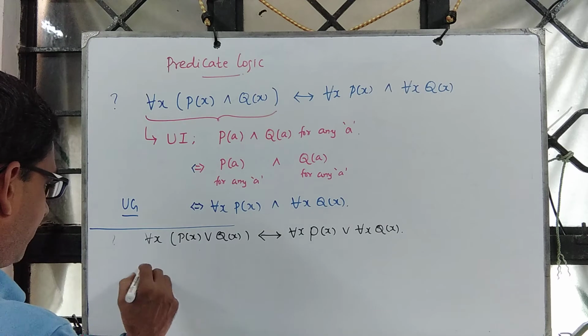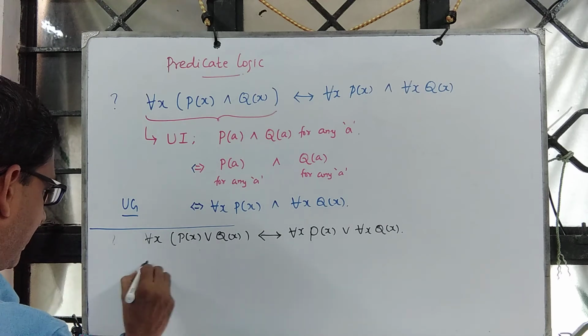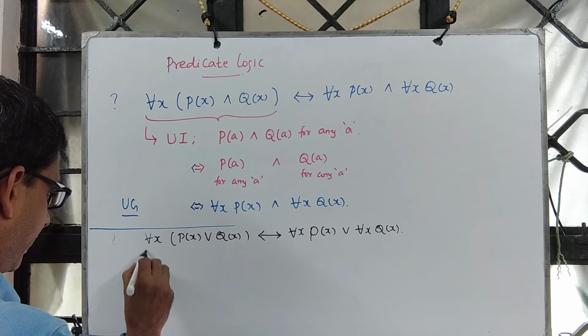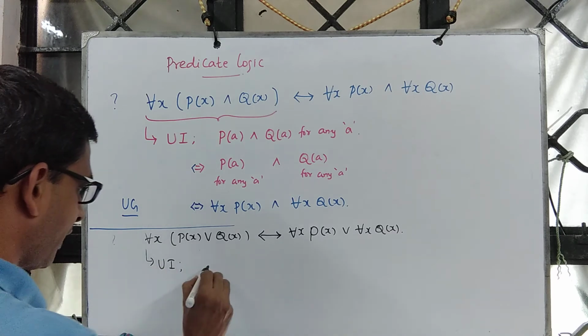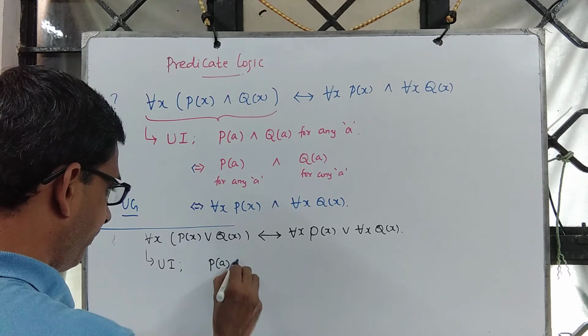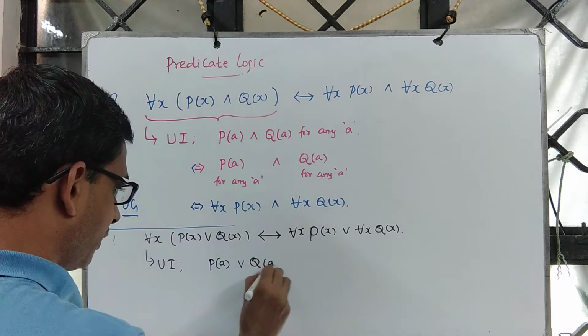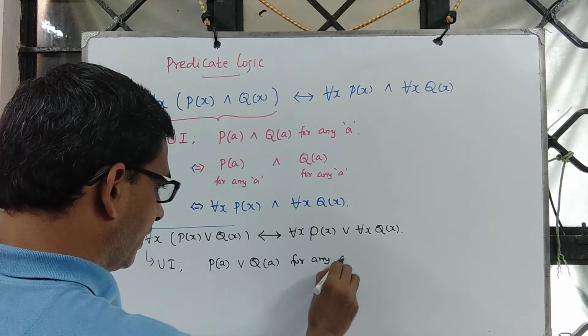Now let's attempt a proof. So I perform universal instantiation. Then we get p of a or q of a for any a.